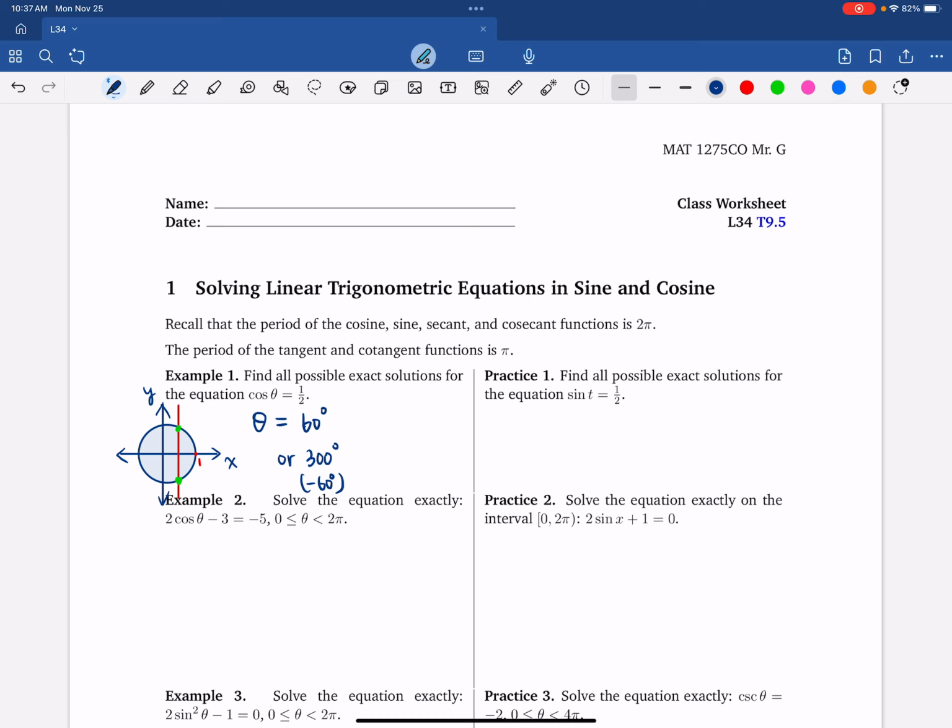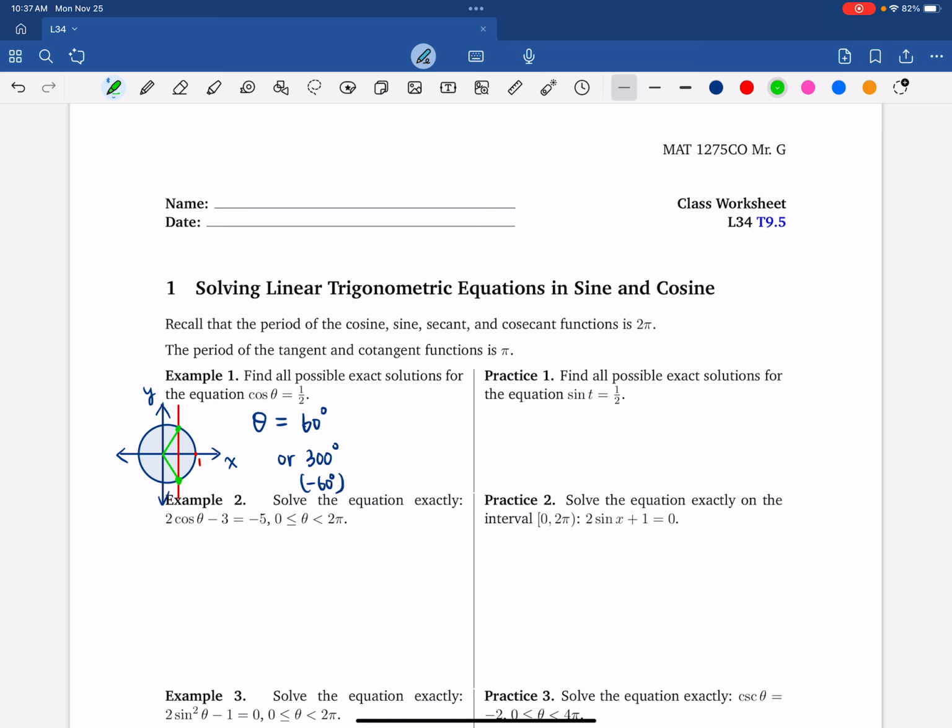And then how do we know which angle to use? It's really up to you. Sometimes the question will give you a range of the angle measurements, saying that the angle has to be between 0 and 360. If that's the case, then your solution will be 60 and 300. But this one is asking for all possible exact solutions, so you have to include all of them.